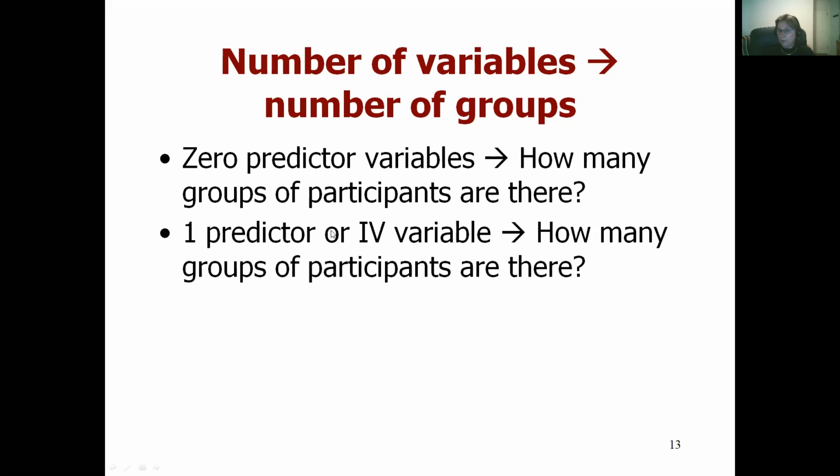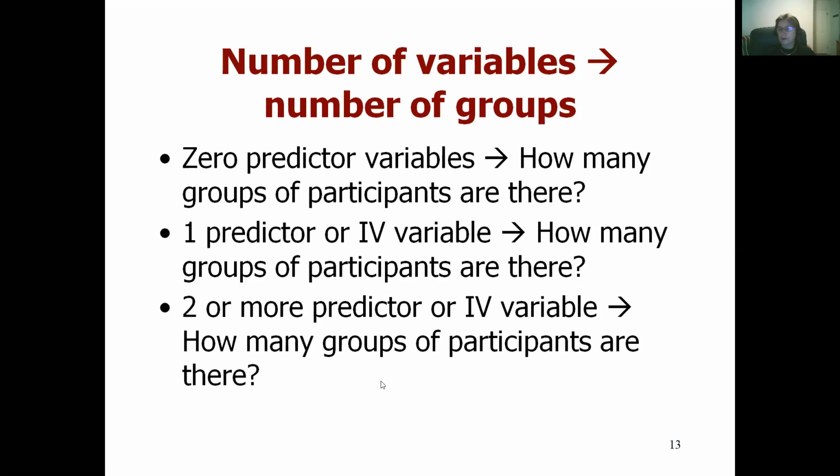If we have one predictive variable that is categorical, well, we are looking only at the situation with two levels. So there will be two groups of participants. I already gave you examples, things like gender and age, when age is used categorically, young versus old. So there will be two groups.